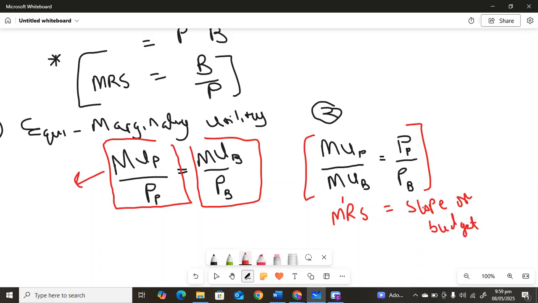So when the slope of the budget constraint line and the marginal rate of substitution, which is also the slope of the indifference curve, are equal, then the consumer has got the best combination of goods that gives them the most satisfaction. That's the tangent condition.